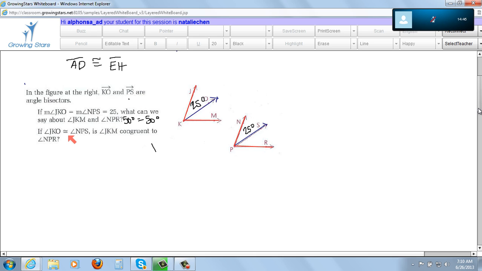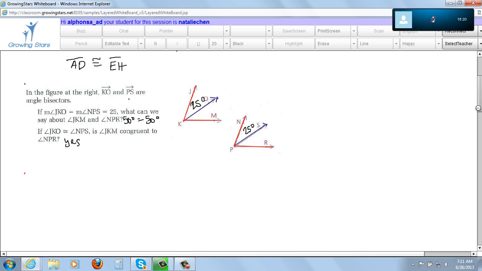Now regarding this, there are some congruent angle postulates and theorems. The first one is the corresponding angle postulate. That means if two parallel lines are cut by a transversal, then the corresponding angles are congruent. We use two lines to denote parallel lines. So wherever you see these two lines, it means, for example, AB parallel to CD.